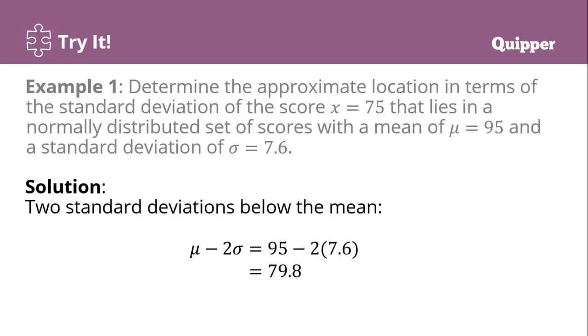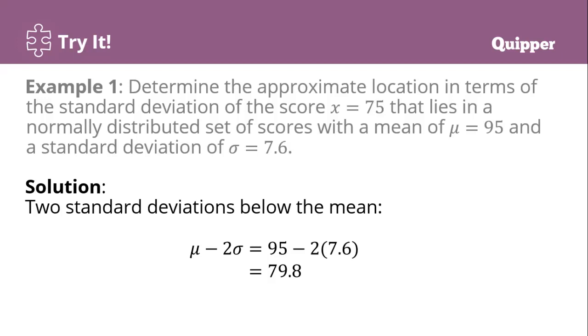So 95 minus 2 times the standard deviation. You multiply 2 times 7.6, then subtract the answer from 95.